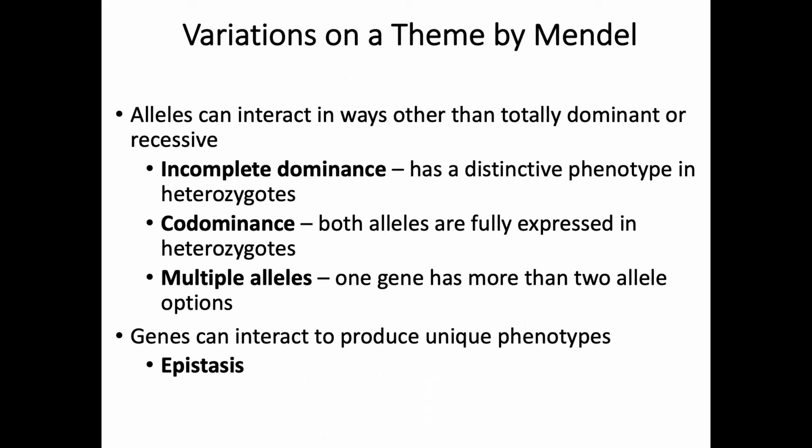These include the incomplete dominance, meaning the heterozygous do not follow the phenotype of any parent, or codominance, meaning that both alleles are fully expressed in heterozygous, and multiple alleles, meaning 1 gene can have more than 2 allele options, okay? And in addition to these exceptions, scientists also found that expression of 1 gene may affect the expression of another gene. Epistasis is a good example. So I'll go through these ones one by one, okay?